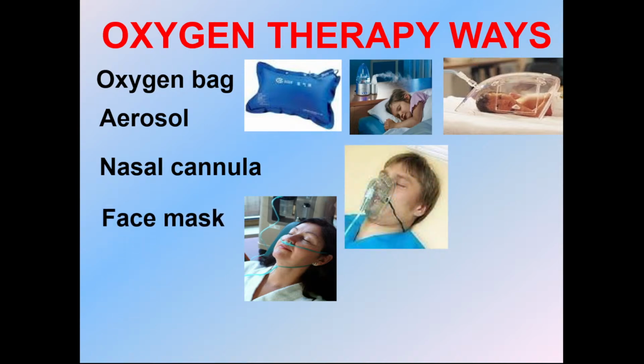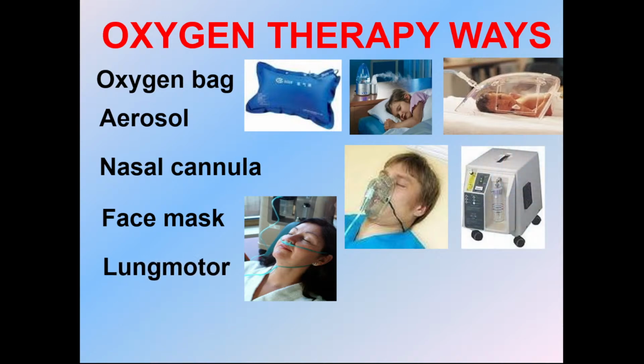We can use a face mask which is placed over the nose and mouth of the patient. In this case, oxygen goes through the special apparatus, the lung motor I told you about, which regulates oxygen flow and pressure.